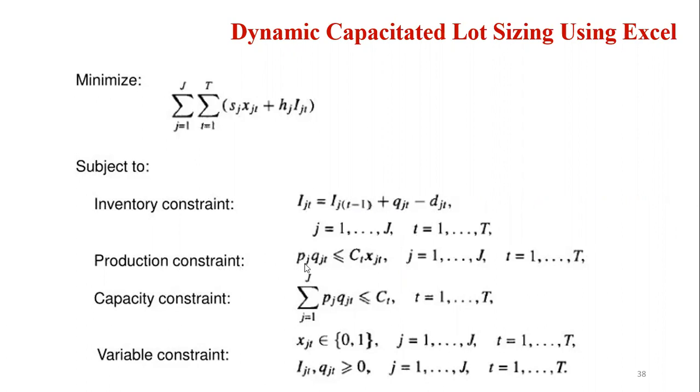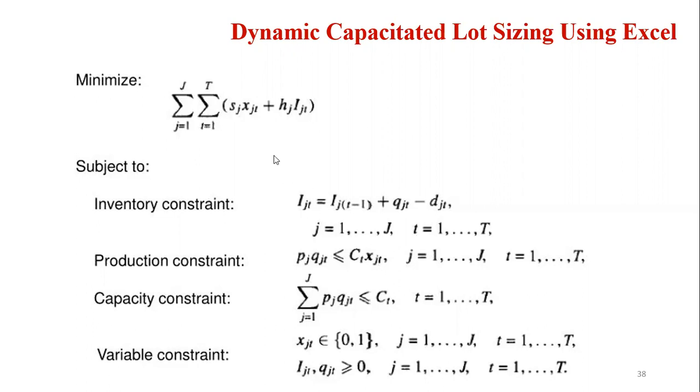Then we have a production constraint. PJ represents the per unit time we take to produce a particular product J. QJT represents the production quantity of product J in time period T, which must be less than or equal to the capacity of the production system multiplied by XJT.